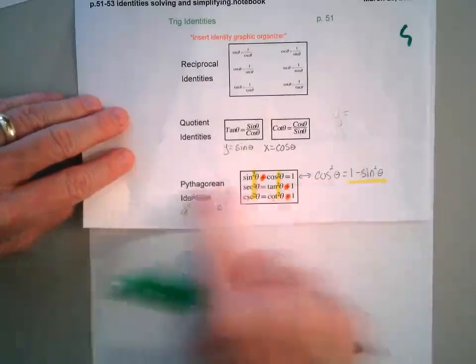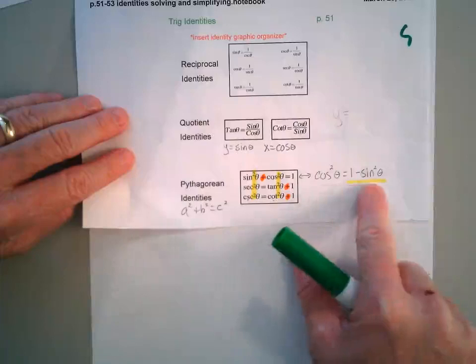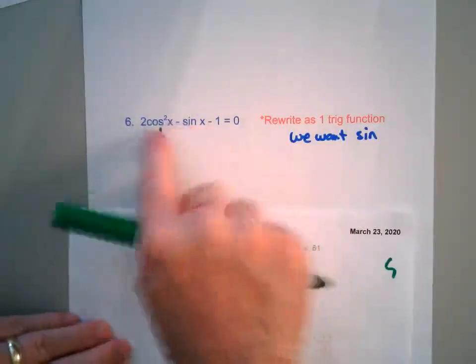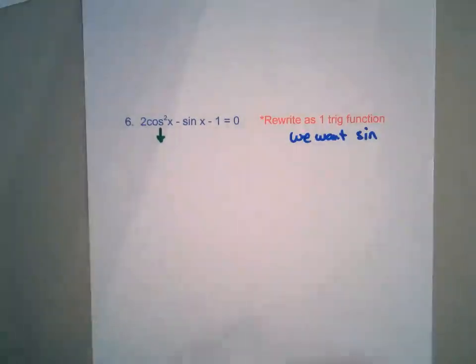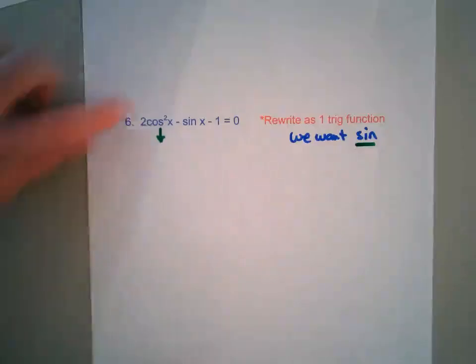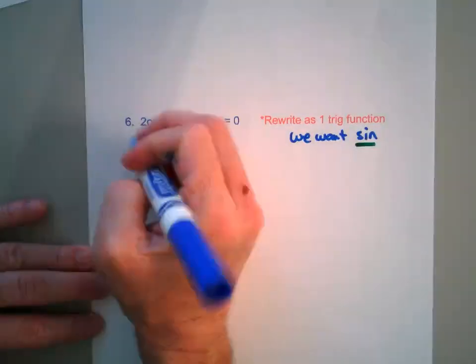So we're using a Pythagorean identity to rewrite cosine squared as this so that we have a single trig function in the problem. Think of it as an x and a y. You can't solve an equation with an x and a y in it. So we have to get these to be the same trig function. So we're going to use sine in this because we were able to take cosine squared and turn it into a sine squared.